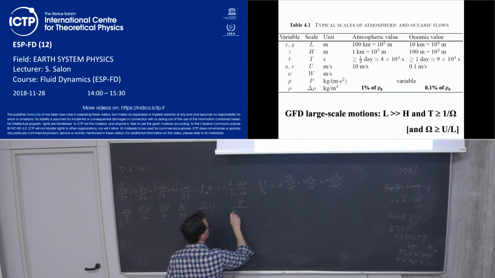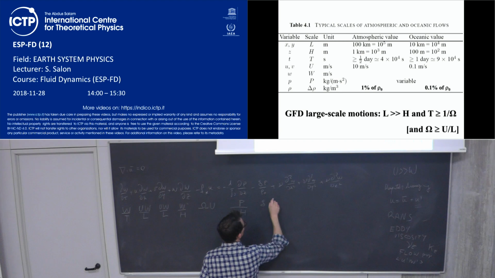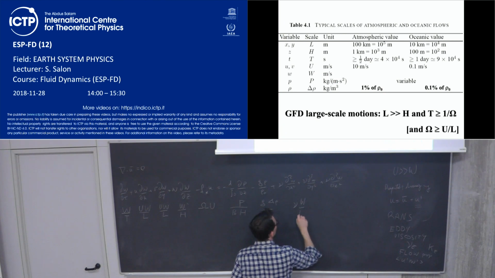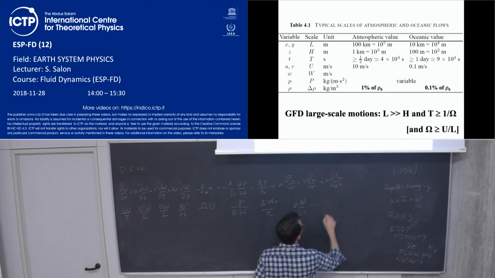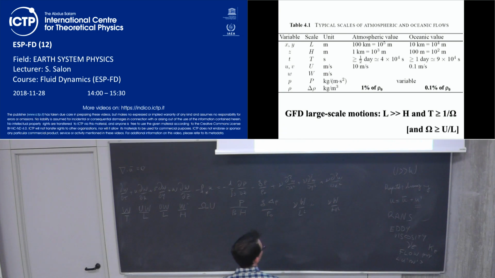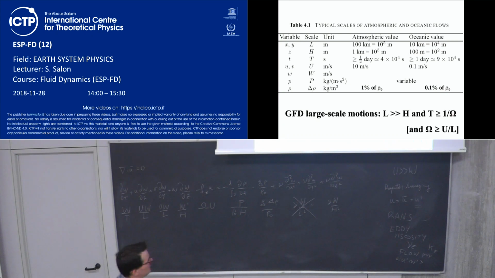This is P over rho 0 H. This is G. We can use delta rho over rho 0. And this is again nu W over L squared. The same. And nu W over H squared. Okay, so we can still use the same and neglect the horizontal diffusion.